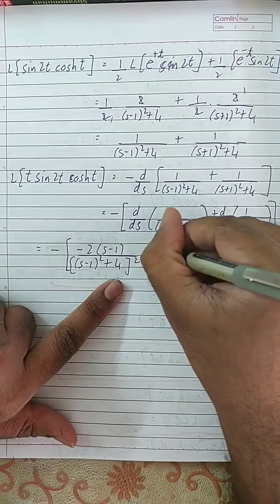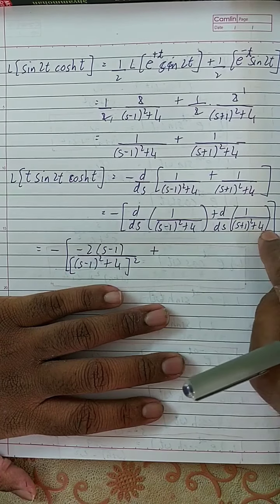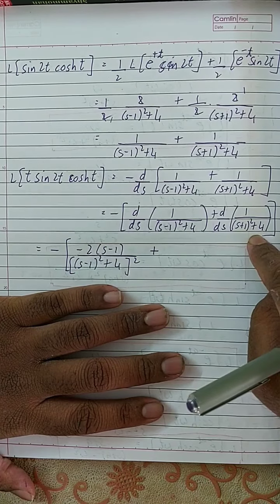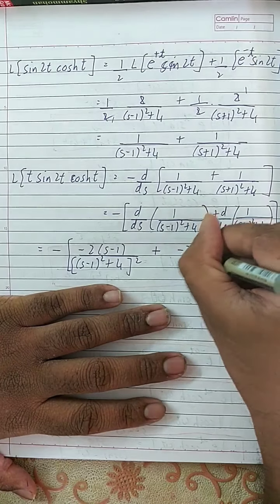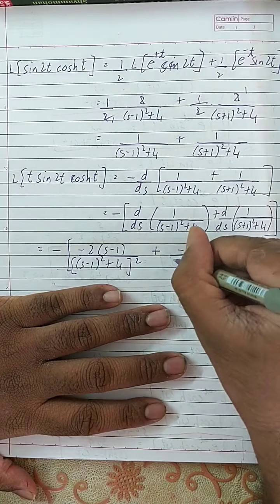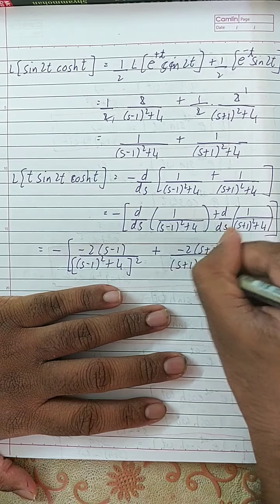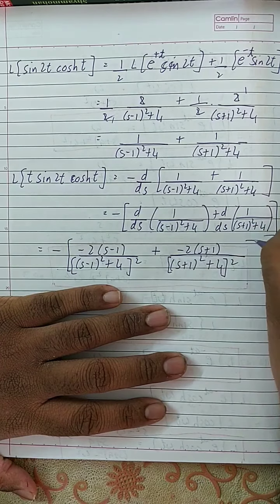Okay, plus over here also, here the differentiation of this is 2 into s plus 1, right? So it's in the denominator, so it will become minus 2 into s plus 1, and the denominator is the whole thing square. So s plus 1 the whole square plus 4 the whole square.